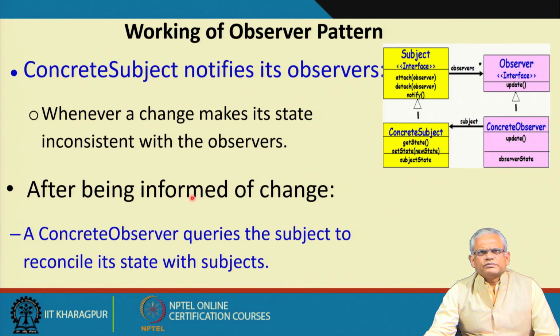Now, the concrete subject, as the changes occur, notifies the concrete observer. After the change is informed, the concrete observer queries the subject to find what state has changed, and it changes the state, makes display the correct state, and they are synchronized.